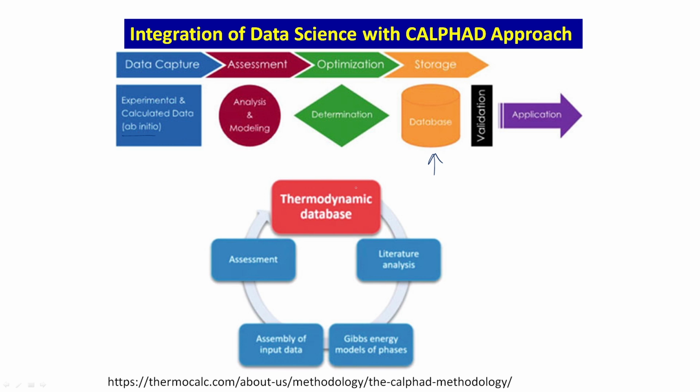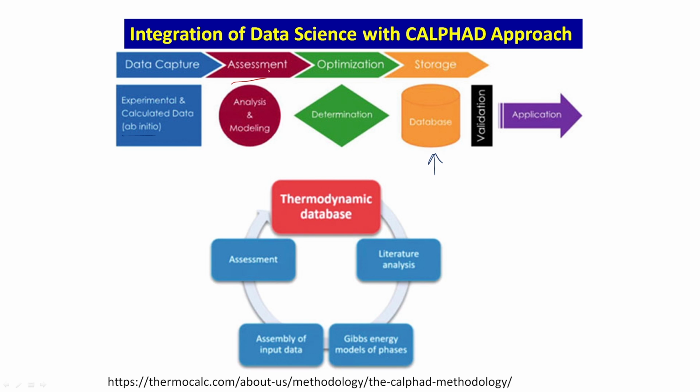And now, in case of CALPHAD, we have to use 5 different things. First, we have to capture data either from experiments or calculations, then analyze and model the data, which is called the assessment part as shown here, followed by optimization, because we need to fit certain parameters to optimize the thermodynamic functions.